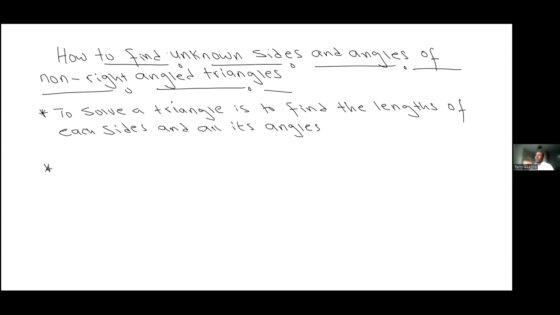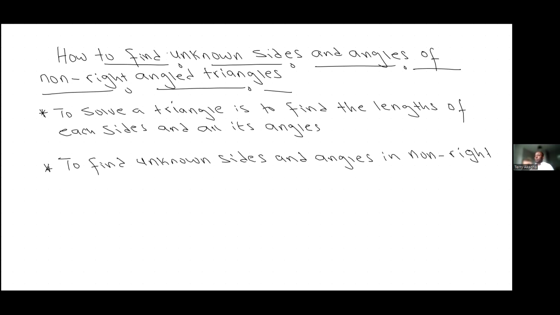All right. So now the next thing is that to find unknown sides and angles in non-right angle triangles, we can use one or both of the two rules.